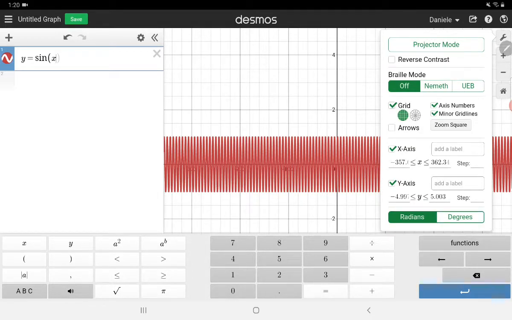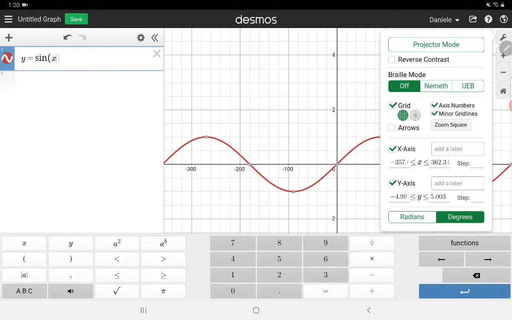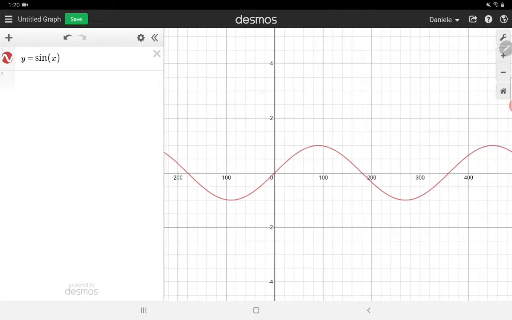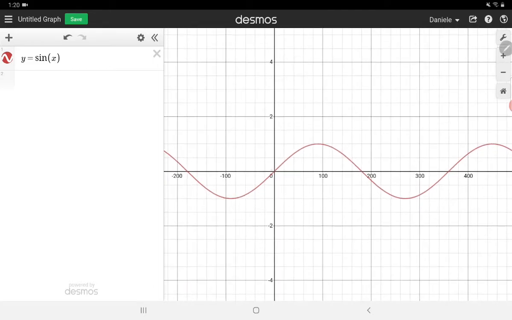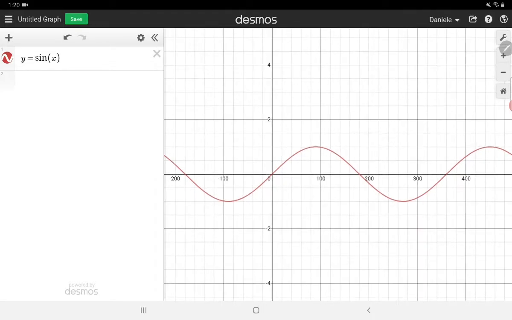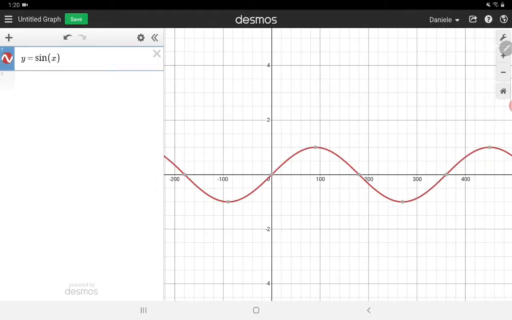We need to change it to degrees, so let Desmos know that we're in degrees on the x-axis. Okay, and there's y equals sine x. Looks pretty good, and this makes perfect sense of what I expect. I expect one full cycle from 0 degrees to 360, which is right there. One full cycle of the sine curve.